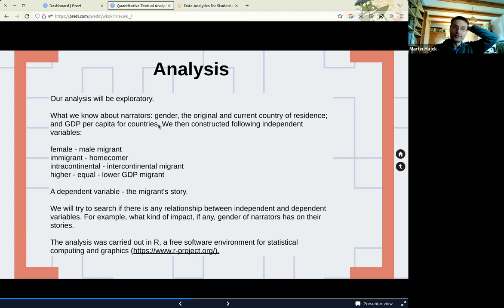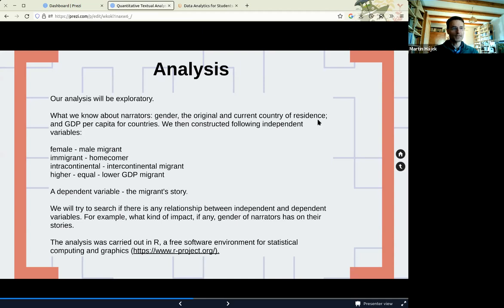You already know some information about our narrators in gender, but with this caution that some gender is not attributed, when it was impossible to find, or the name was unisex and in the story itself there was no sign of gender.